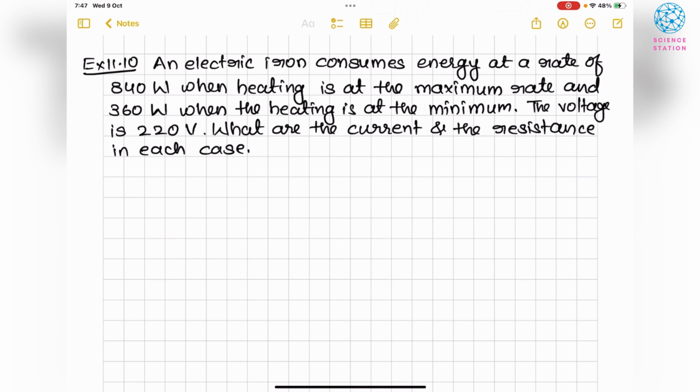Now, example 11.10 says an electric iron consumes energy at a rate of 840 watt when heating is at the maximum rate and 360 watt when the heating is at the minimum. The voltage is 220. What are the current and the resistance in each case?